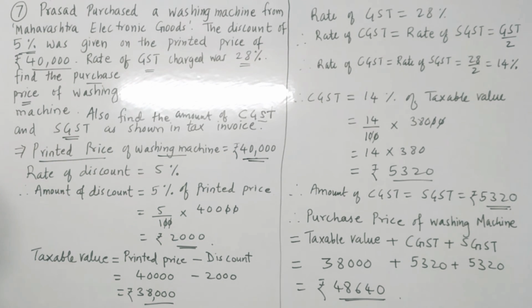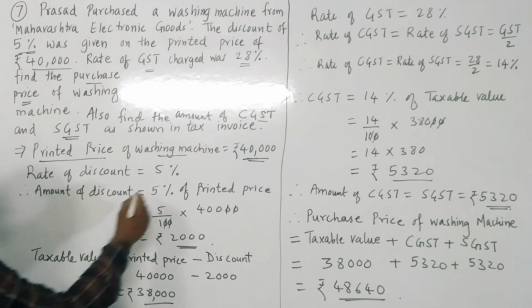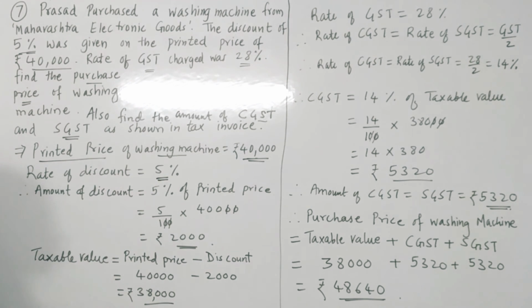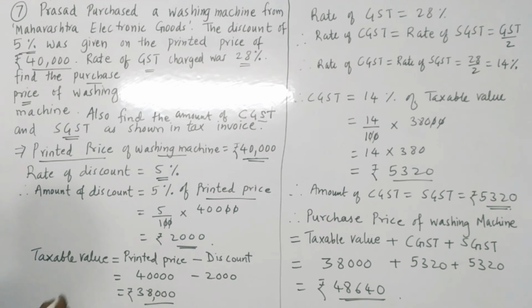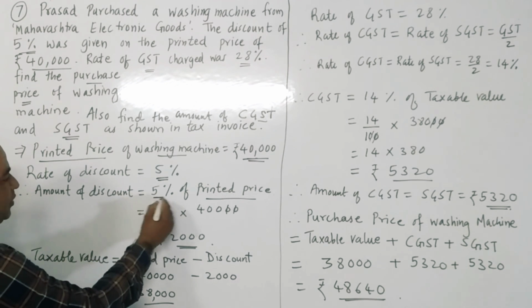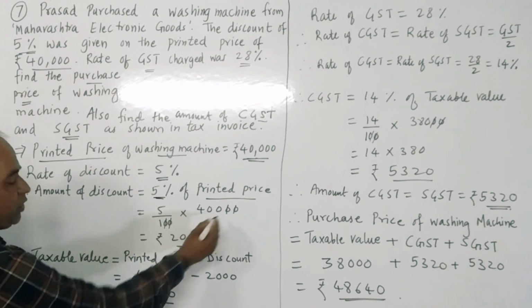The rate of discount given on that washing machine was 5%. So the amount of discount is 5% of the printed price, that is the mark price, which is 5 upon 100 into 40,000.